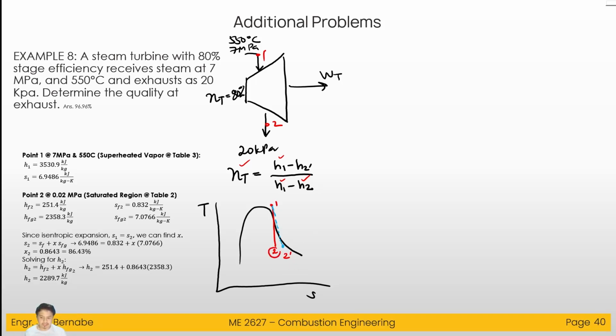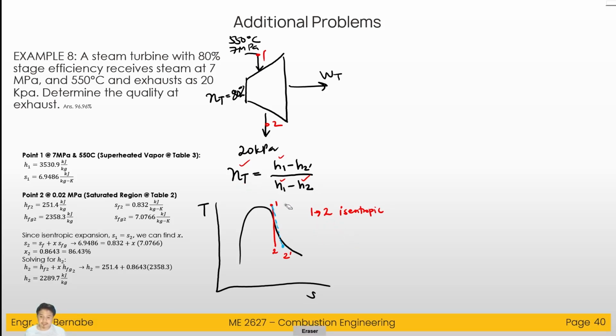So 2 is the ideal, 2 prime is the actual. In this case, our 1 to 2 is isentropic. The 1 to 2 prime, which is the actual, is polytropic, technically.